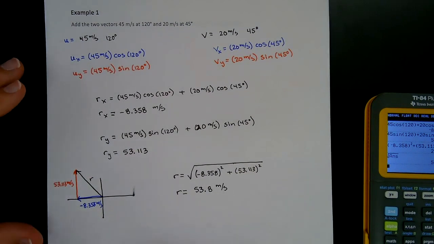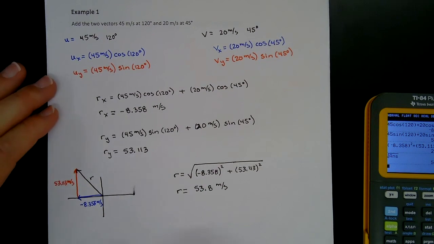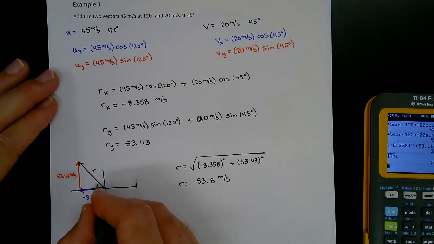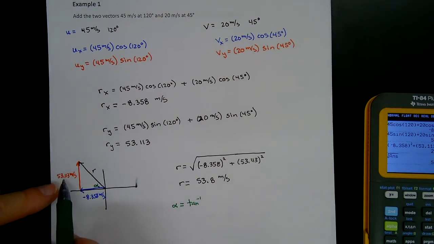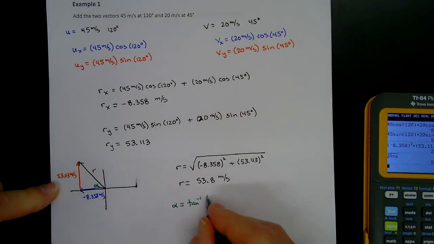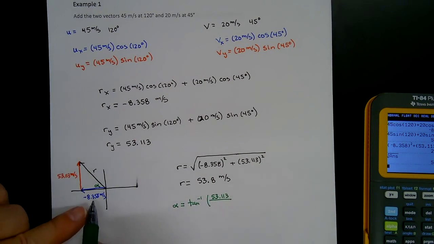All right. So now I've got to get my angle. I'm going to get my angle right here, alpha. That's the angle of the triangle. And so alpha will equal tan inverse of the vertical piece, 53.113, making it positive, over the horizontal, which we're also going to make positive, because we've got to think of this as a triangle, so these are like lengths.